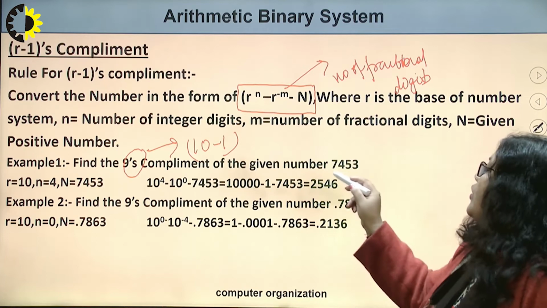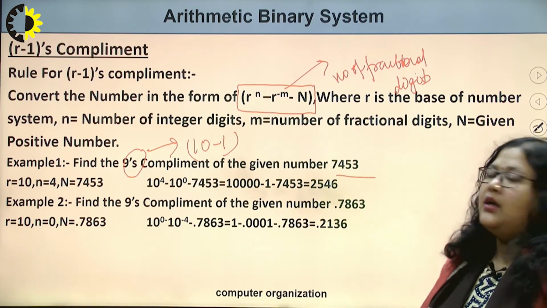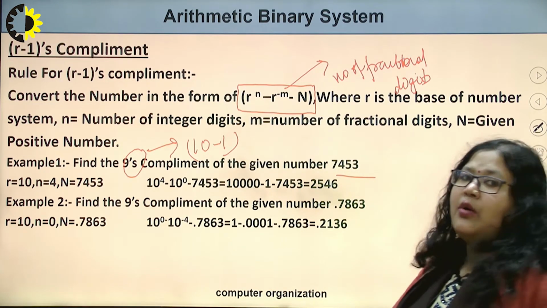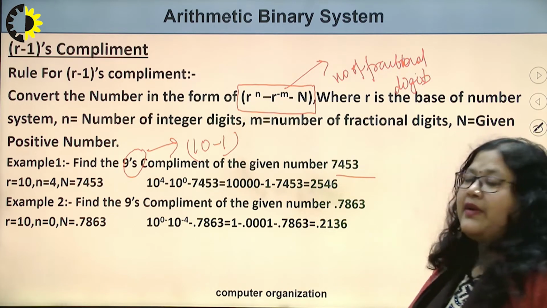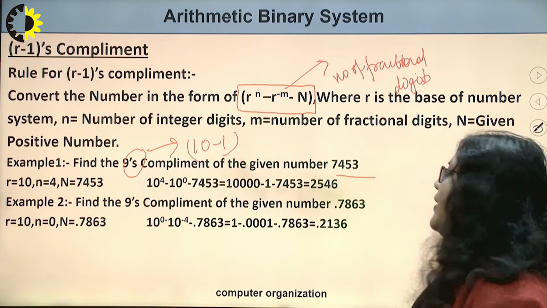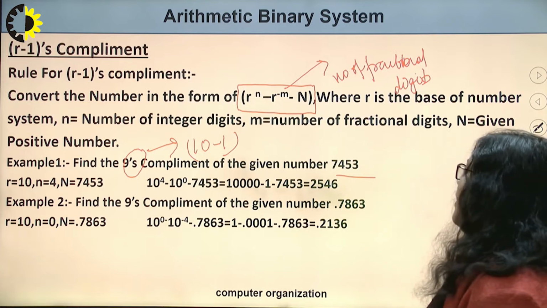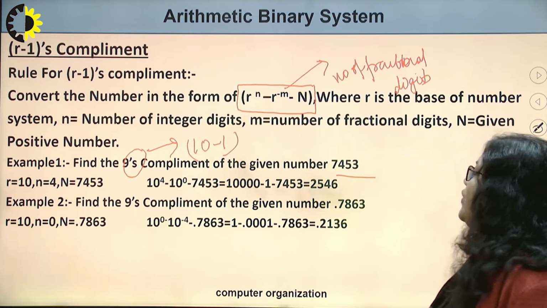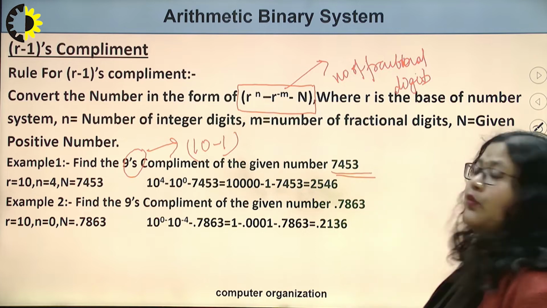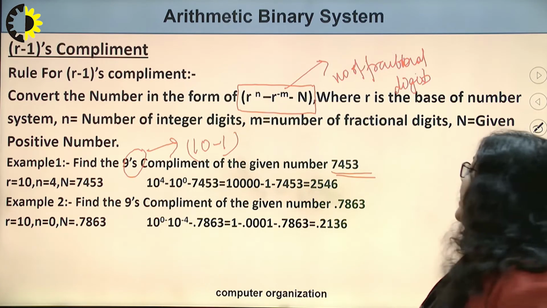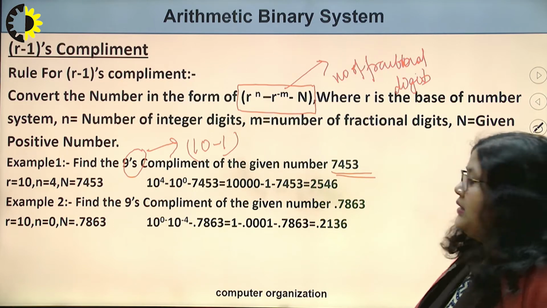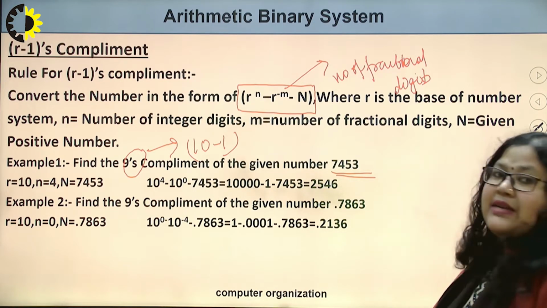First we apply the formula on this number. It is 10 to the power 4 because the integer digits are 4, minus 10 to the power 0 because there is no fractional digit, minus the number 7453.